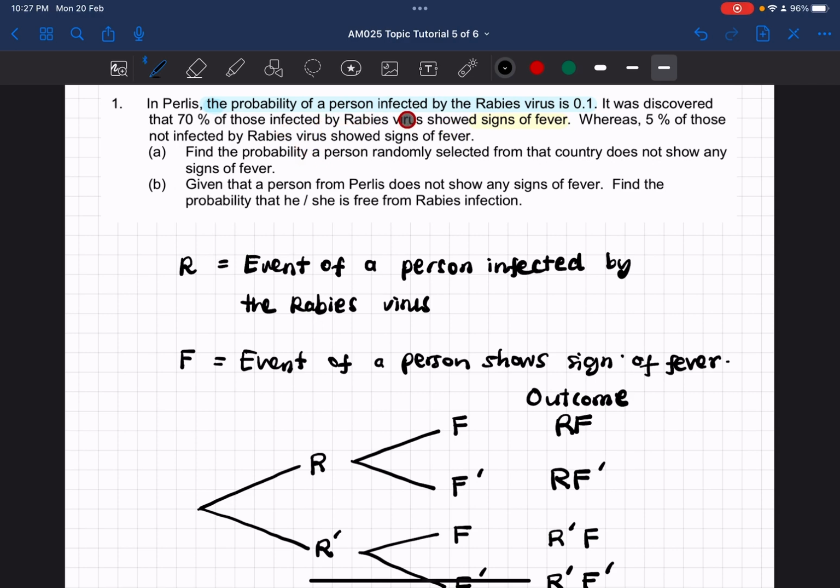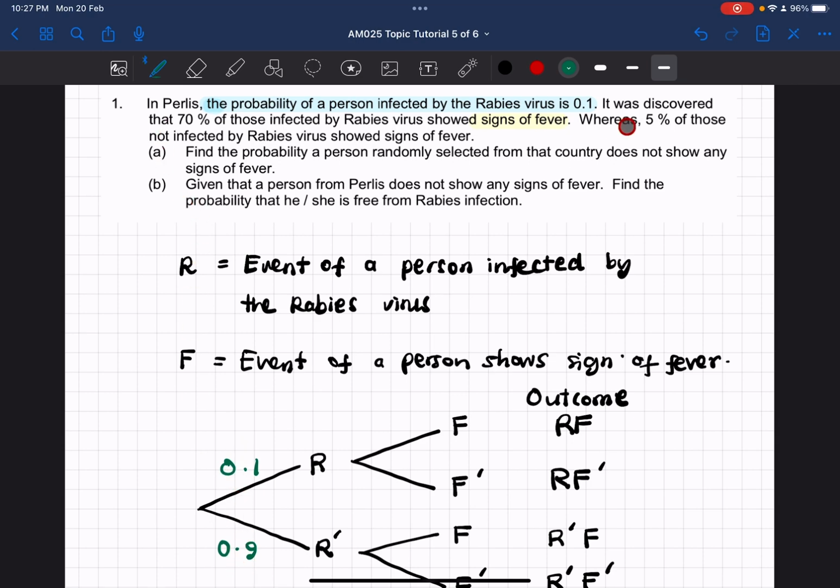The probability of a person infected by the rabies virus is 0.1. So we're going to put the probability on the branch for being infected by rabies virus as 0.1. And if we have 1 minus 0.1, we're going to get 0.9, as the total is 1.